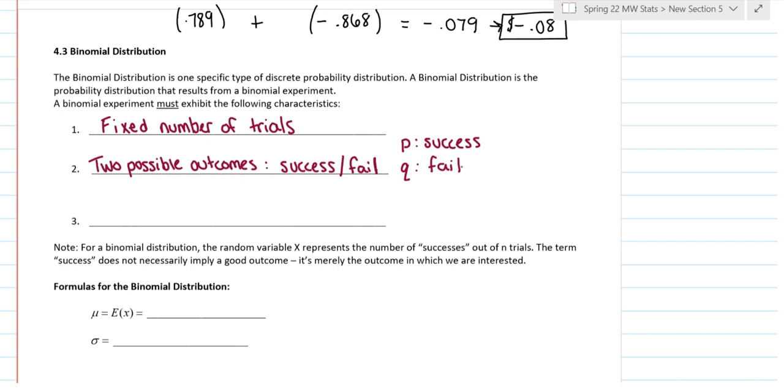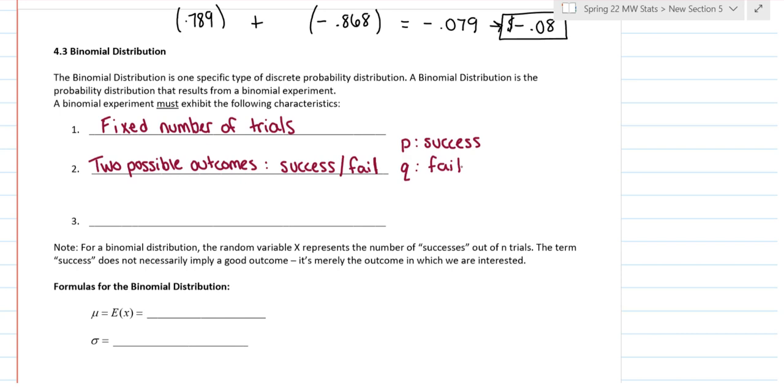So for a binomial distribution, the random variable x represents the number of successes out of n trials. The term success does not necessarily mean it's a good outcome. It's just the outcome you're looking for. So if I'm looking for heads, heads would be success, tails would be failure. But then if I was looking for tails, it would be the other way around. So success is just what you're looking for, and failure is not what you're looking for.